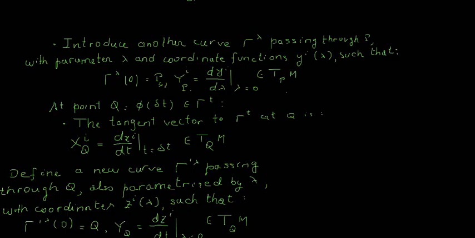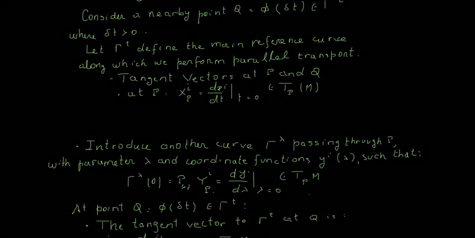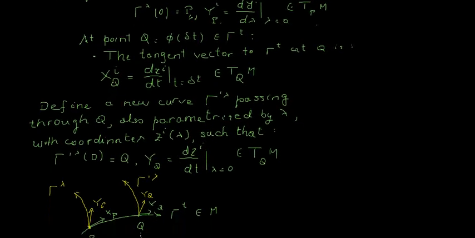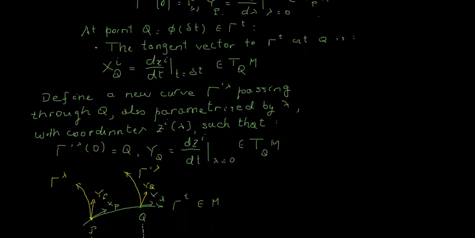So let's continue. Now we define a new curve, okay? Gamma prime of lambda passing through point Q, also parameterized by lambda, with the coordinates z^i as a function of lambda, such that this is another curve.